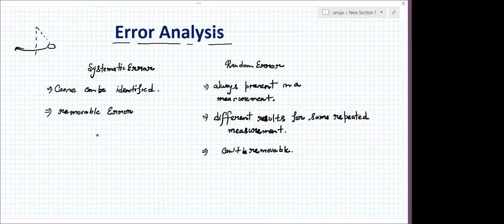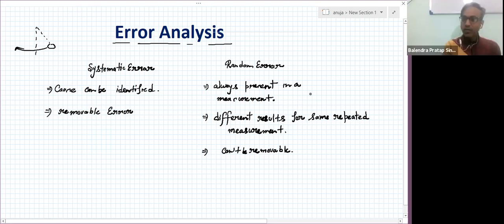Okay, so now let's go to the next part of this error analysis. Our focus is basically on random error. These errors can't be removed, but you can minimize random error. How?